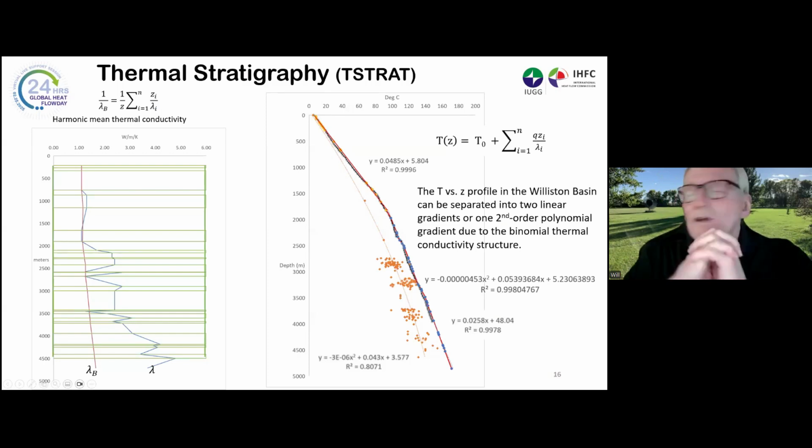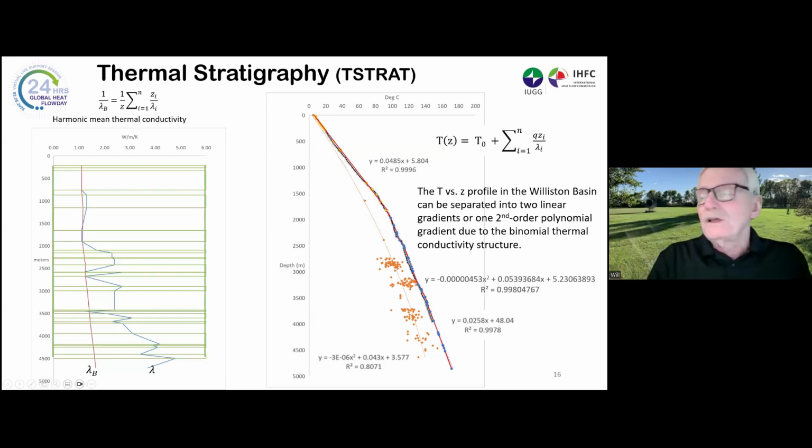Well, here's how we have approached it. We went to all 284 sites that the geothermal map of North America had, and we looked at all 23 sites that the North Dakota Geological Survey had put together. Over here, we see the calculation for the harmonic mean thermal conductivity and a list of where the harmonic mean thermal conductivities hit as we go from the surface to the Precambrian basement.